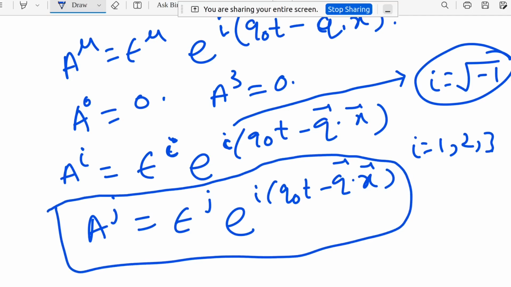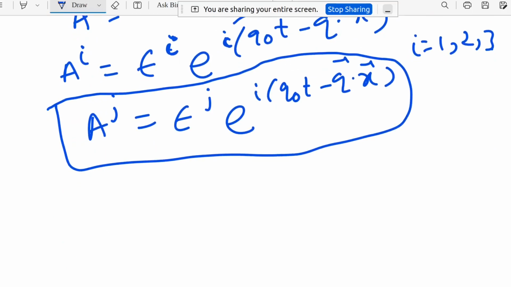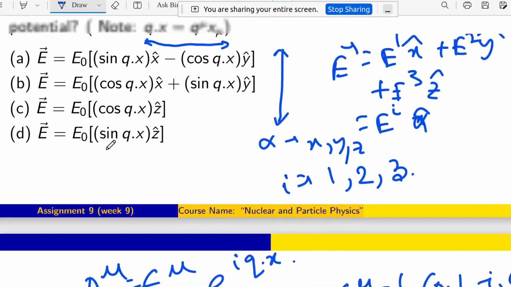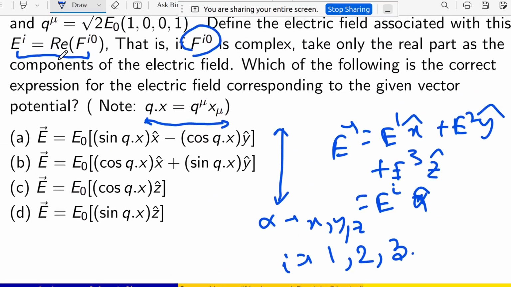Now they are asking about E, they are not asking about j. So what will be the E from the A expression? We know that F_i0 is what? I am writing F_i0 because in that question E_i is nothing but the real part of F_i0.